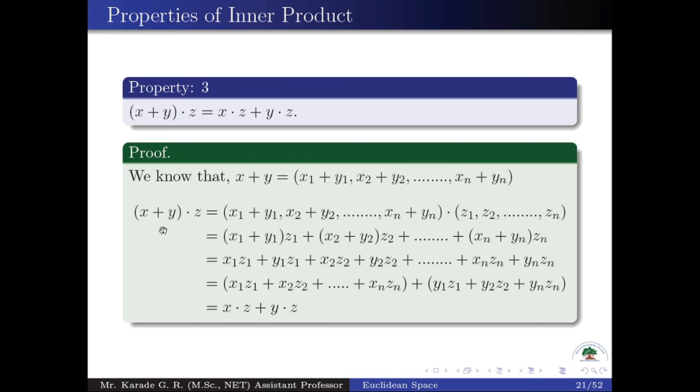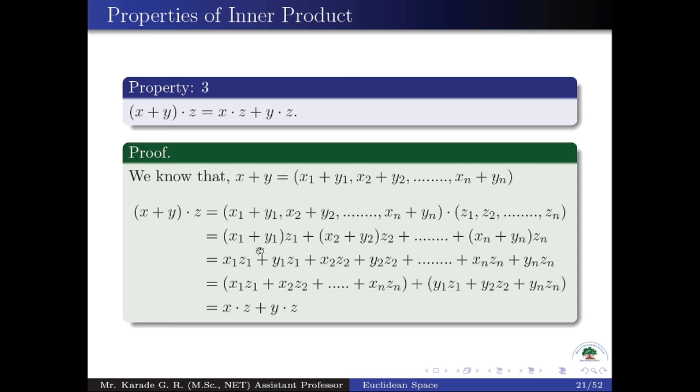Now consider the left hand side, the inner product of vector x plus y with z. The x plus y vector is here, the z vector is here, and we take the dot product of these two vectors, how to do which is known to you. It has n terms: the first term is x1 plus y1 into z1, the second term is x2 plus y2 into z2, plus dot dot dot plus xn plus yn into zn.